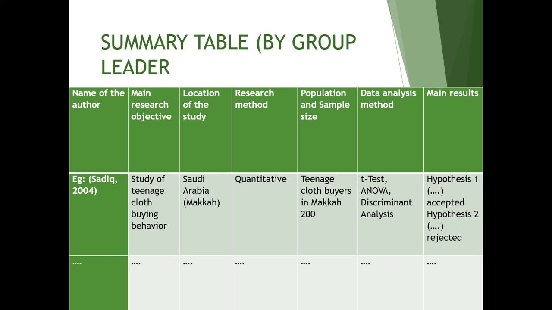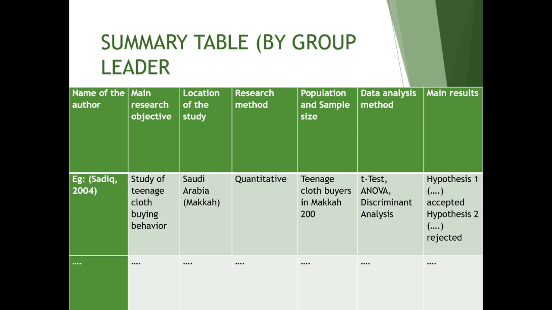From there I took a sample of 200. Then data analysis method, it is mentioned there. You don't have to do anything extra. It's already mentioned that I used a data analysis method like t-test or ANOVA, etc.